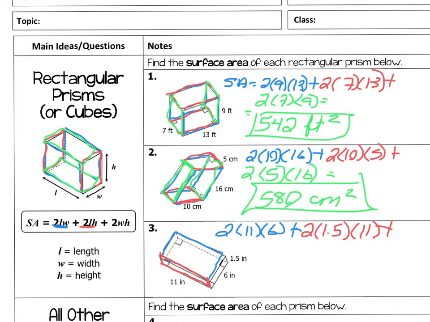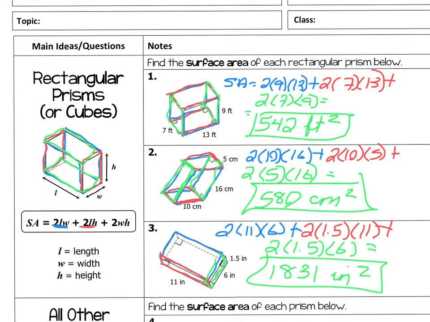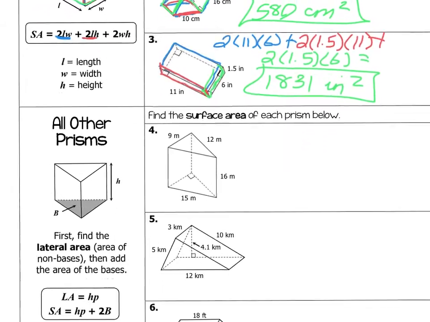And then the only thing we got left is this side here, which is 1.5 by 6, and there's two of those. Pop them in your calculator, you end up with 1,831 inches squared.